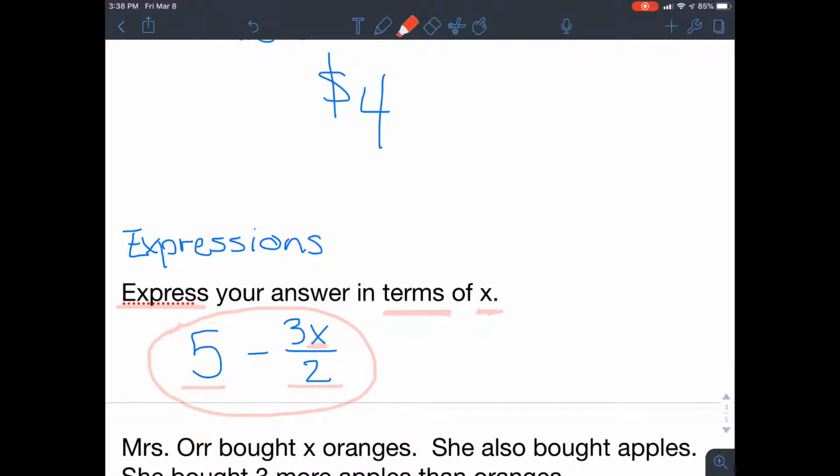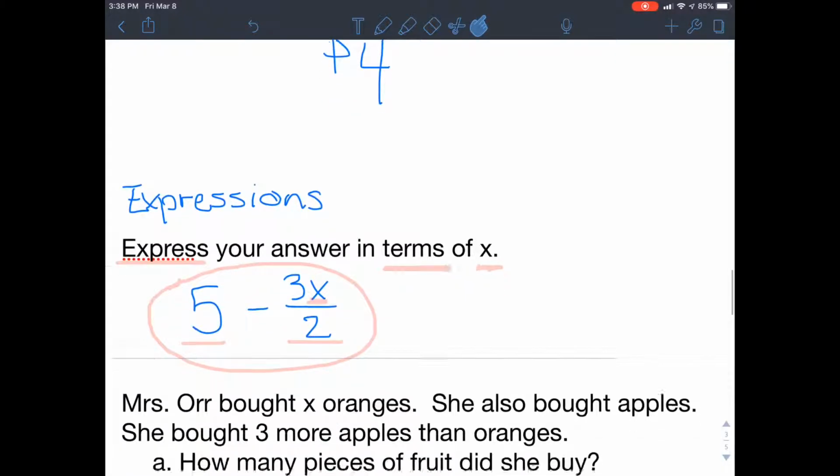So when it says express, you can think, oh, I'm going to have a group of numbers that tell something. Express your answer in terms of X. That means that X is going to be in one of your terms. So it's just telling you you're going to provide an expression as your answer. I hope that will help you a little bit.